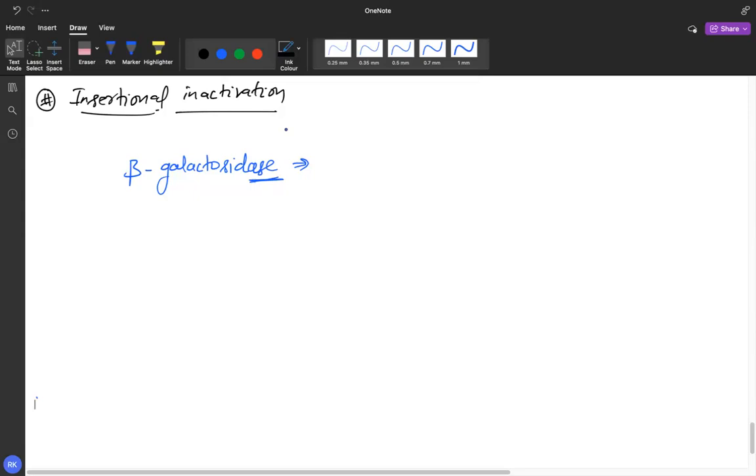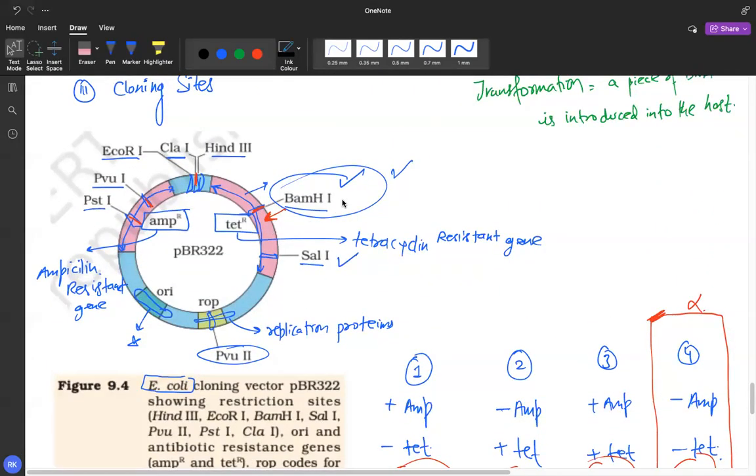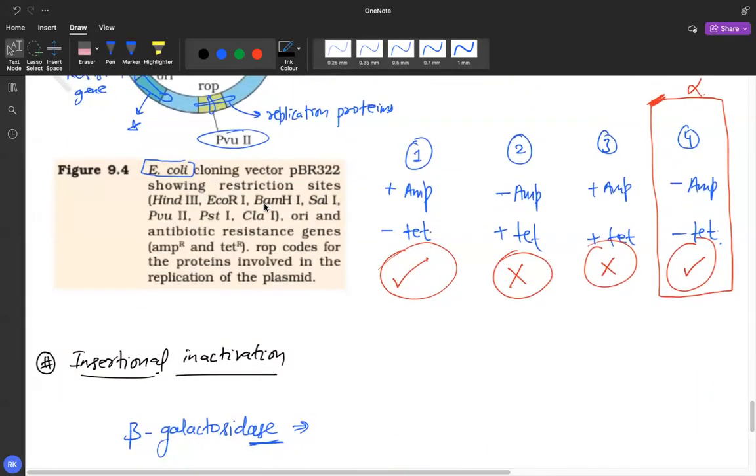Yes. It's exactly like what we did here when we used BamHI. We put the gene of interest within tetracycline resistance. So this gene got inactivated upon insertion of our gene of interest. Similar thing you will do here.